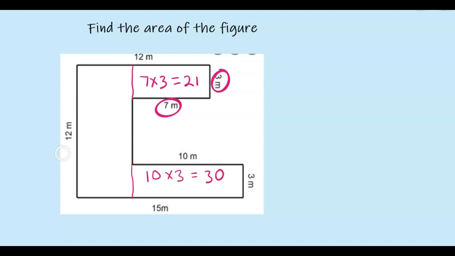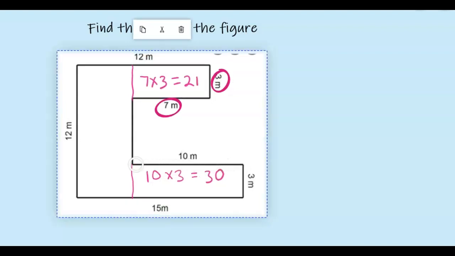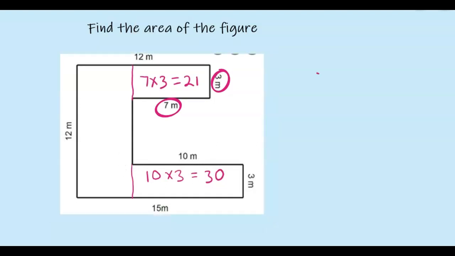And here we got the length to be 12, and we need the width. We know that from here all the way to here is 10 and all the way to here is 15.